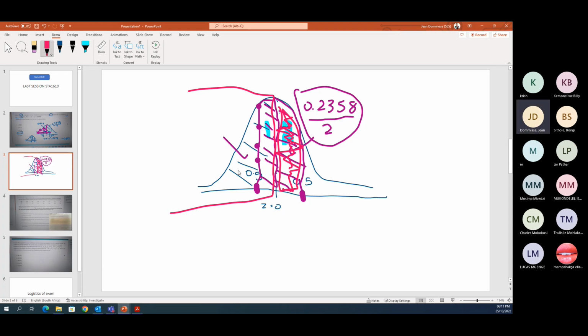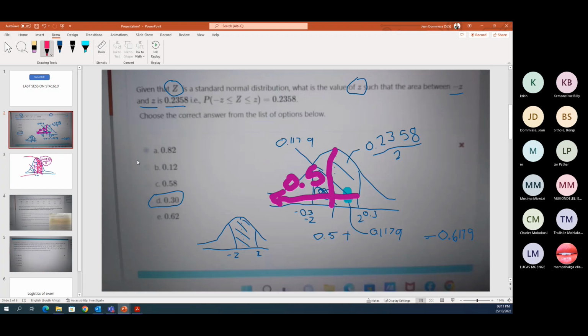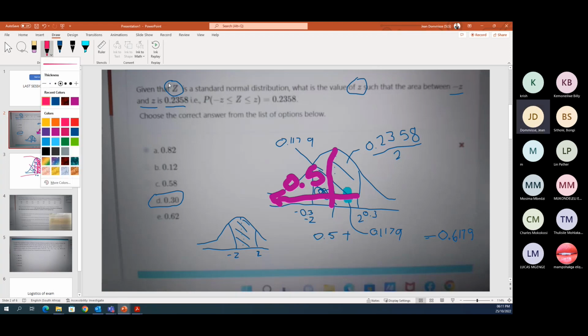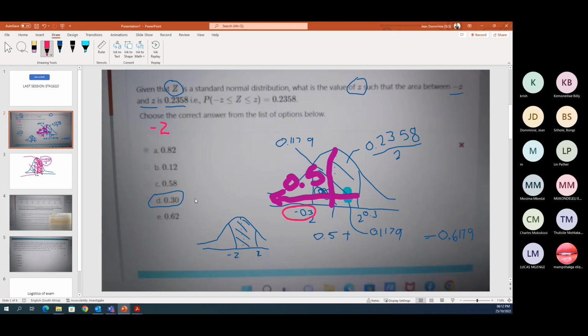But this is because we're working with a normal distribution, and we know that the normal distribution is symmetrical. So that's why they could also have asked you in the exam, given that Z is standard, that you work out the negative Z as well, which then would have just been minus 0.3. Okay, does that help a bit?